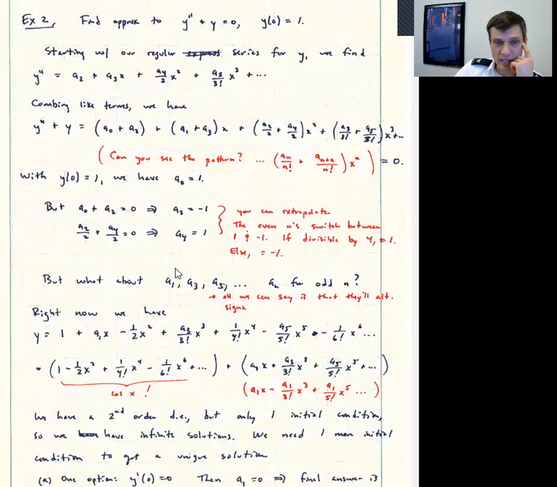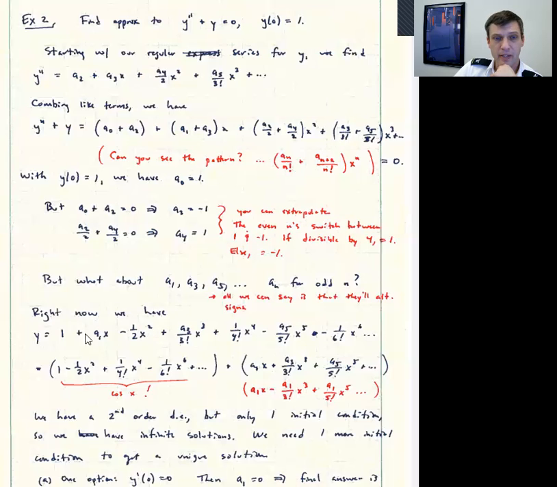All I can do is say, thinking about the same logic as before, that a3 will be the opposite sign of a1. So a3 is negative a1. And I come over here and realize that a5 is negative a3, so actually a5 is a1.